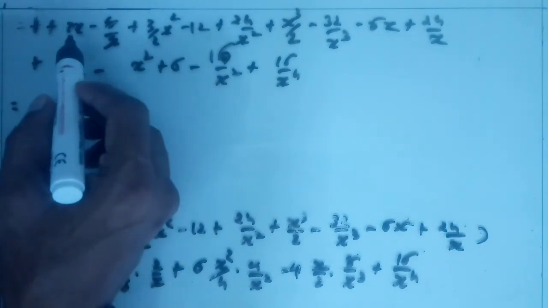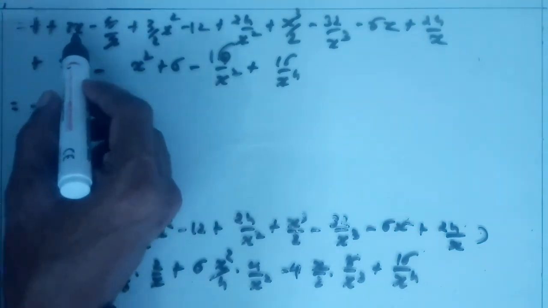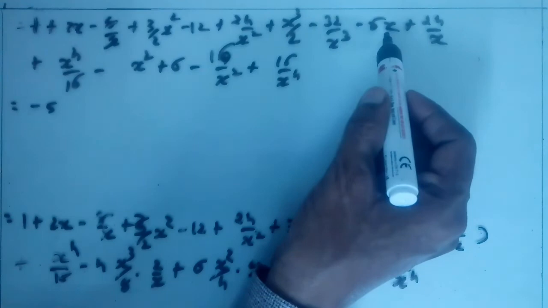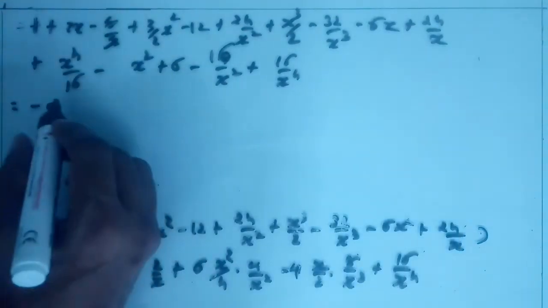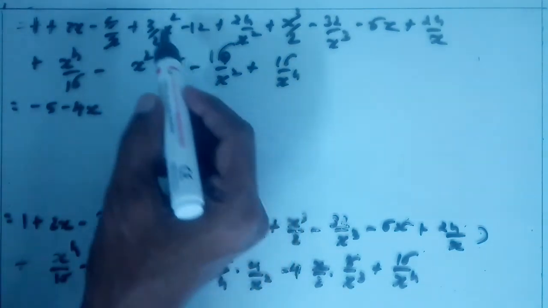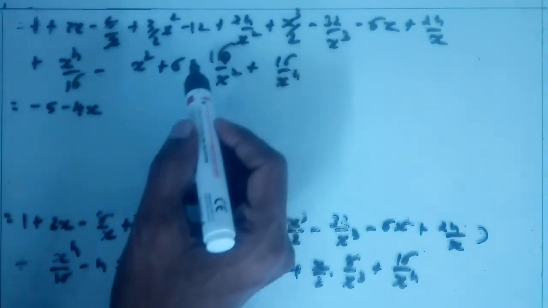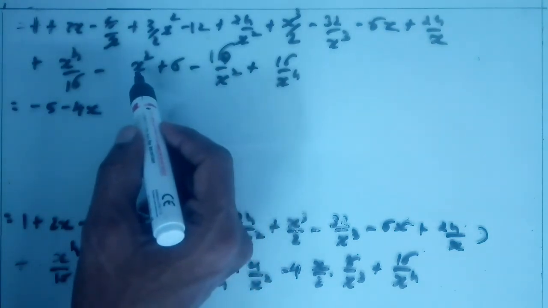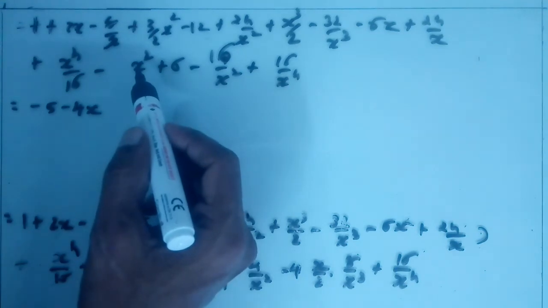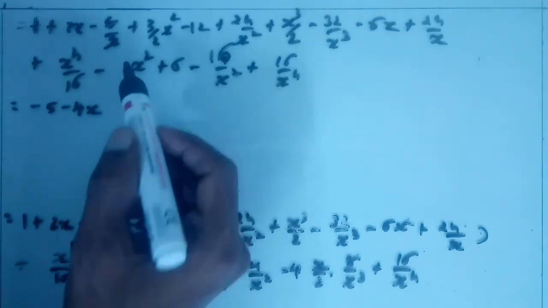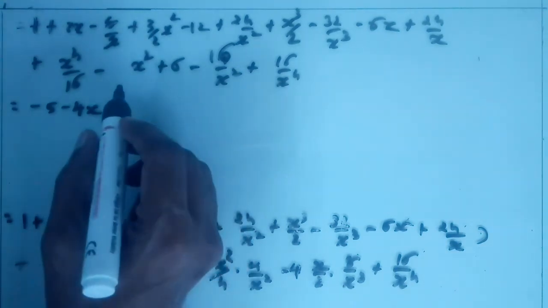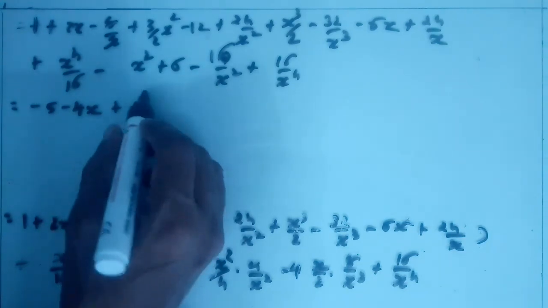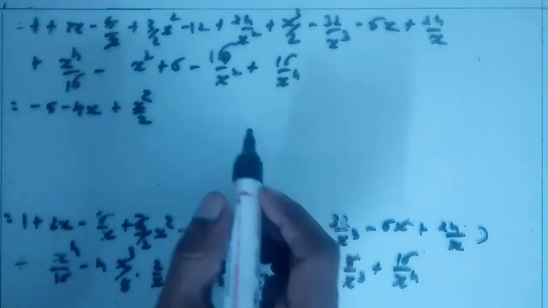Now term with x, 2x minus 6x becomes minus 4x, so here minus 4x. Now term with x square, 3 by 2 x square and minus x square becomes minus here 1 by 2 x square plus, that is x square upon 2, clear.